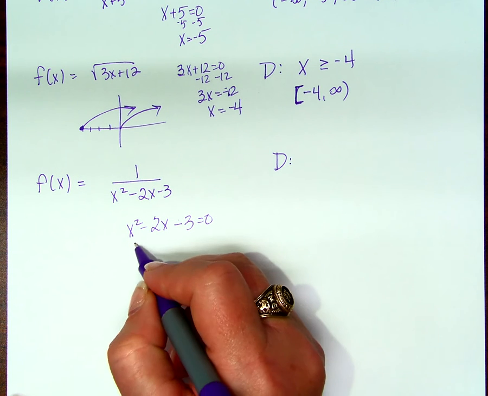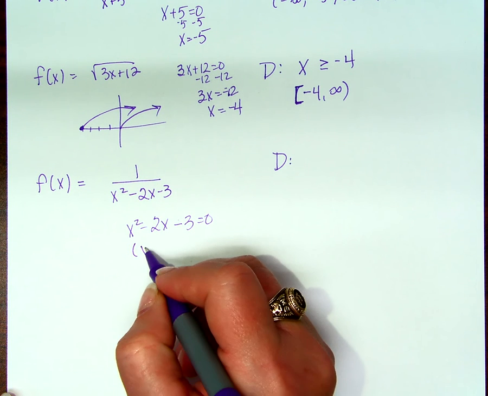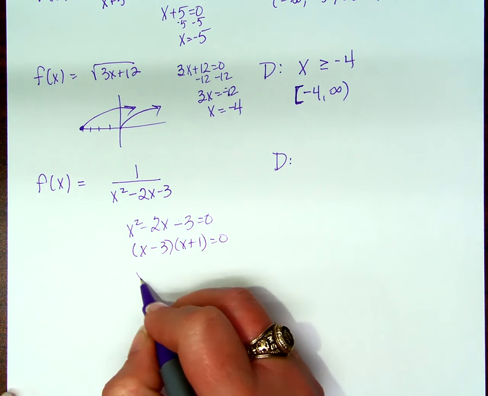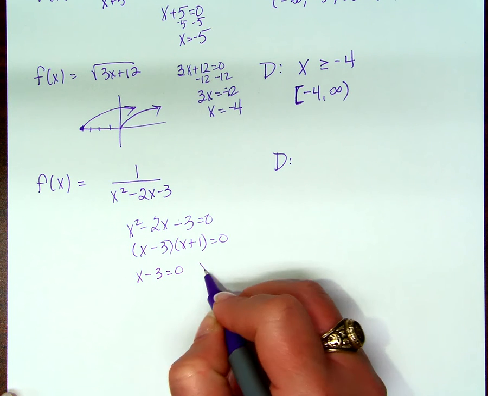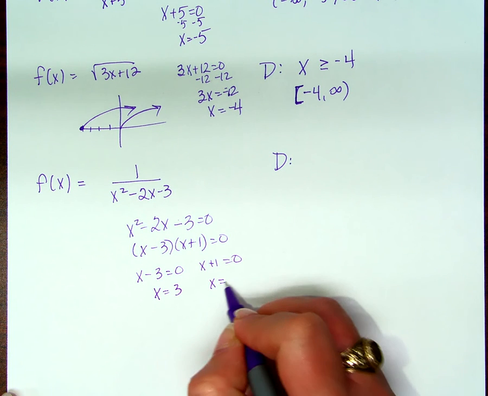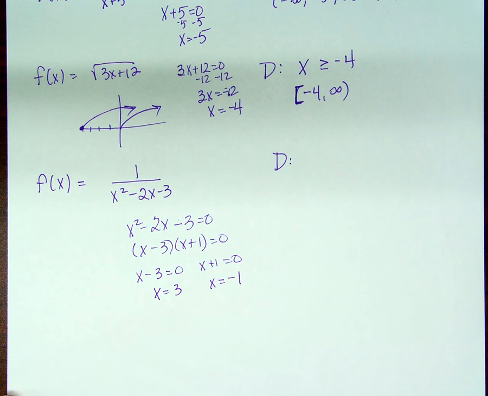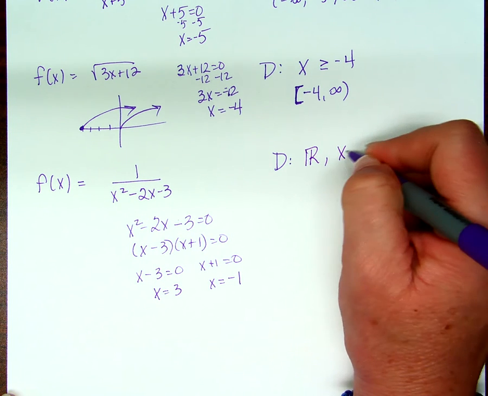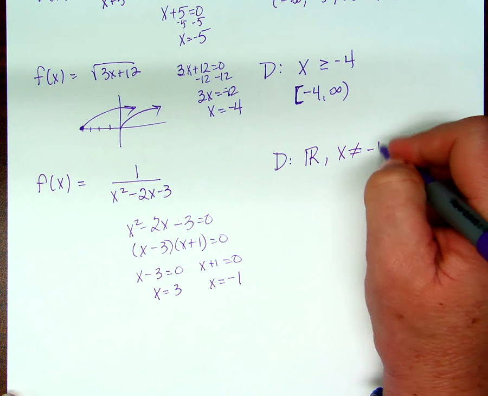So I would need to factor this, minus 3 and positive 1, and then set each one equal to 0 to get x equals 3 and x equals negative 1. So this tells me where my domain is not. So first of all, reals, x is not equal to negative 1 or 3.